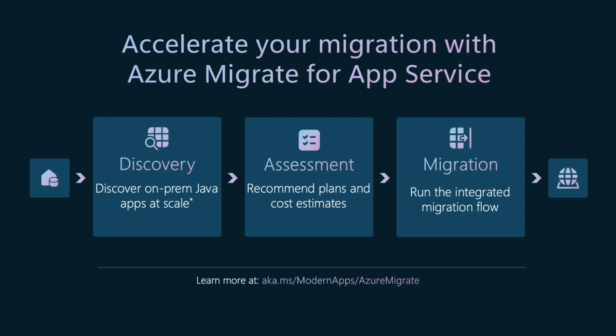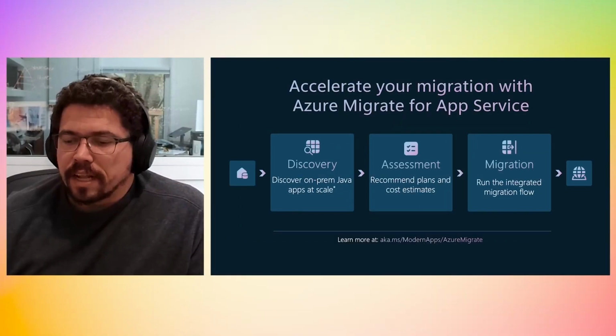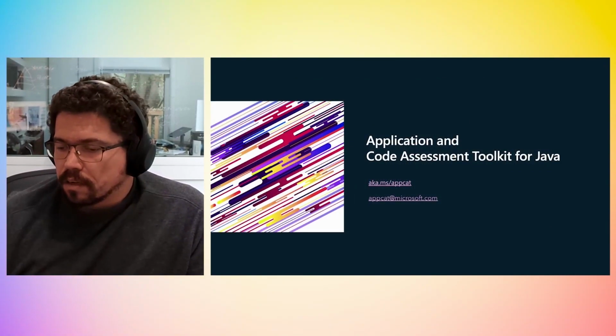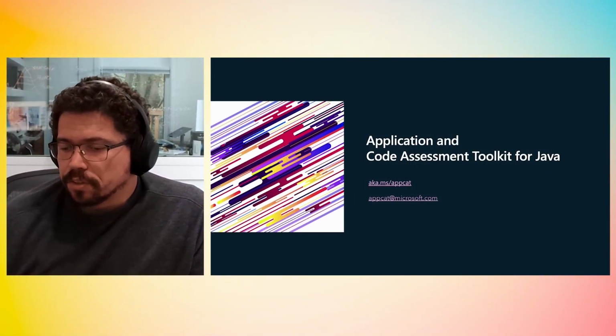Then we provide recommendation plans and estimates to run those applications on Azure, which service and how much it may cost, things like that, and then actually run the migration. Now, there are, of course, details on what exactly is supported and what exactly is up to the customer to perform. That's why I brought Gaurav Seth from the Azure Migrate team to talk to us.